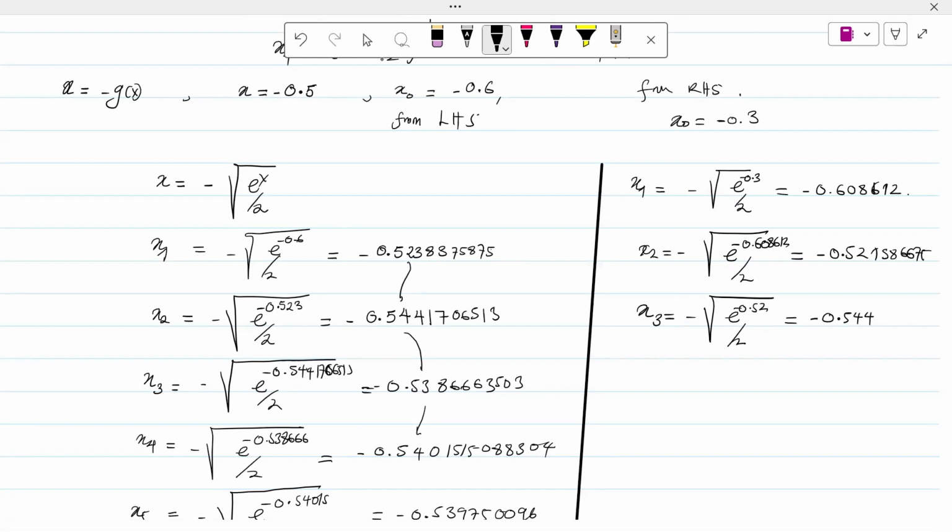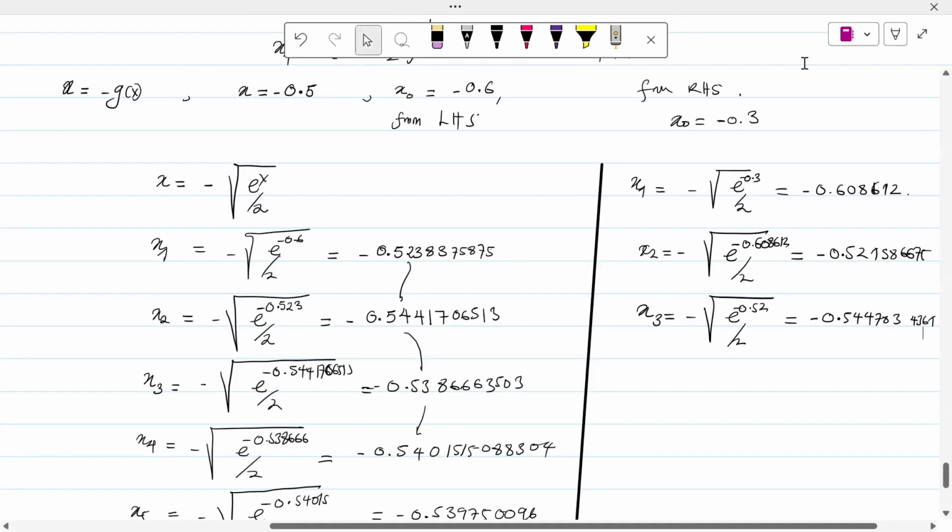As you can see, there's a swing. 783, 4361. Okay, all right. So let me see, because I don't know how the behavior of this function is. Can I get something out of it?